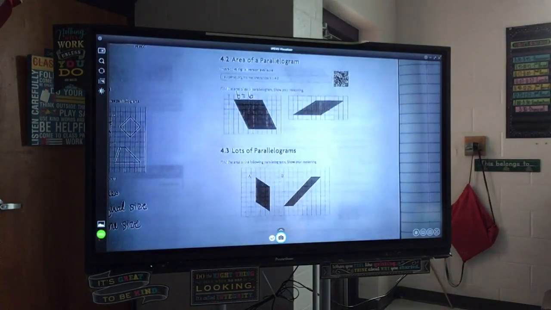Now, I want you to come up with a strategy to find the height. Whether you decompose, rearrange, or use the formula, it doesn't really matter. As soon as you have done that, go ahead and stand up for me.